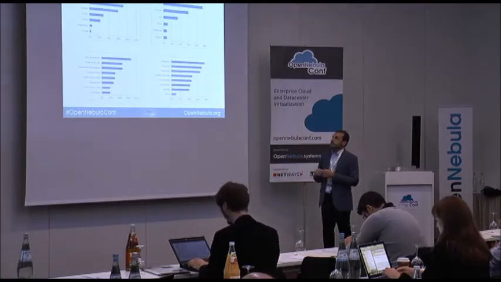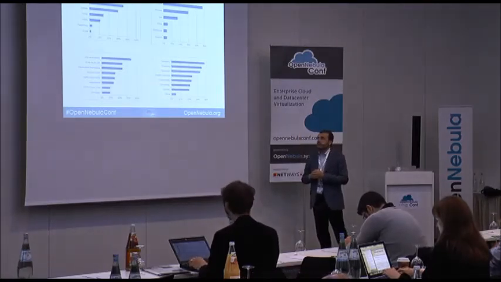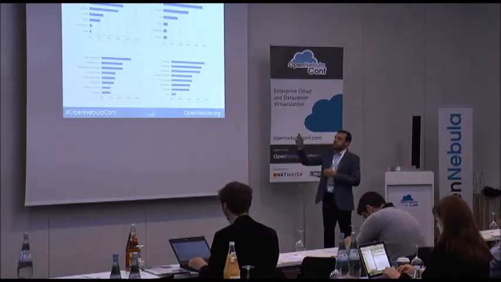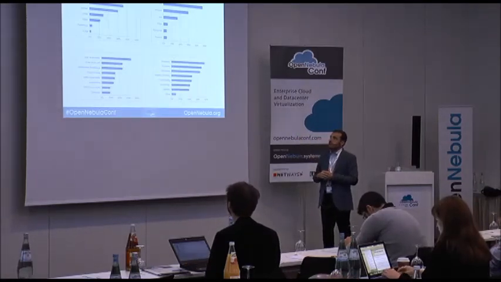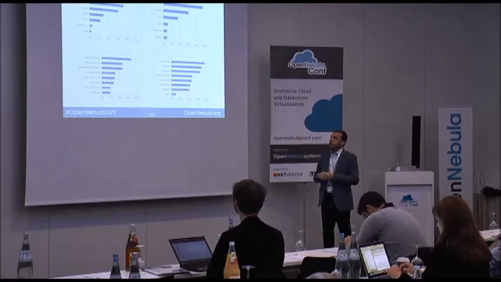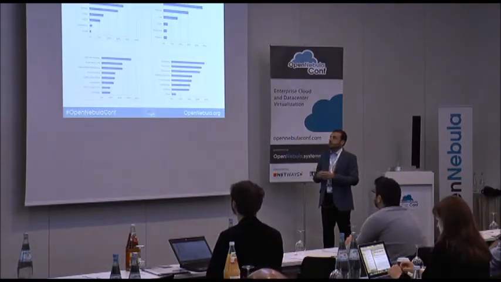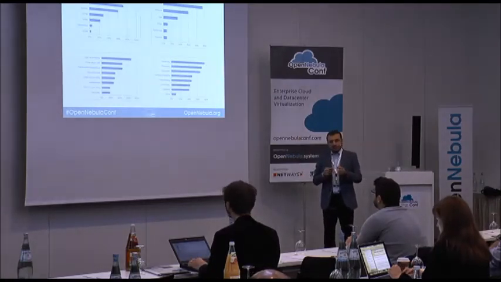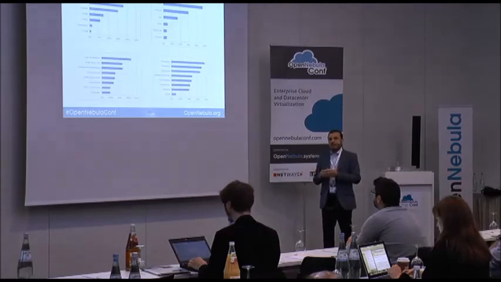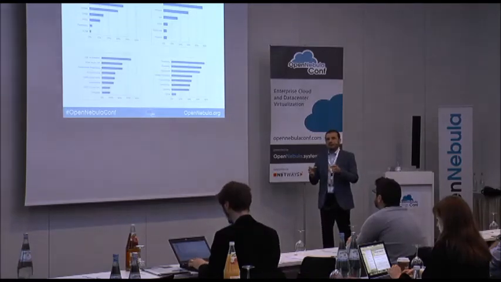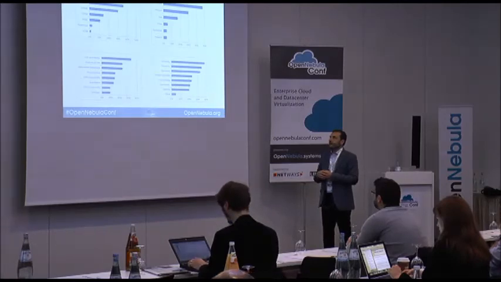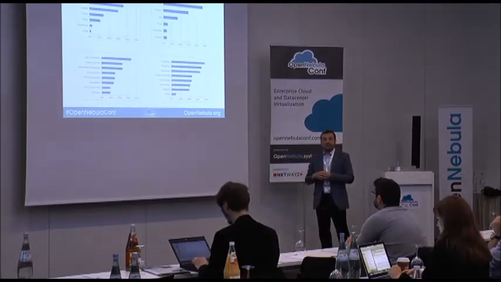It's also very interesting to see which features provided by OpenNebula are most widely used. We saw that high availability, multi-VM by OneFlow, the definition of multi-VM applications, and data center federation are used. This is very interesting because 40% of the respondents said that they are using more than one OpenNebula instance.